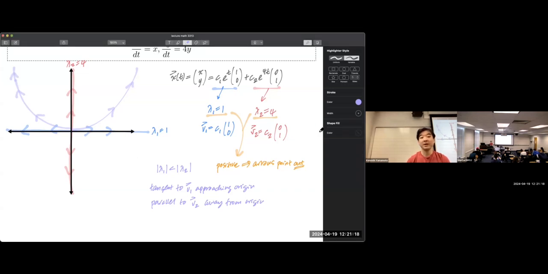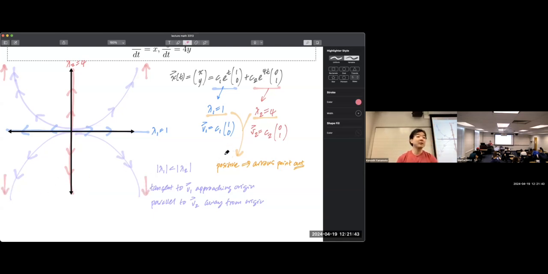Parallel means it's going to be almost vertical. It approaches vertical as you get further away from the origin, and then it bends into, or tangent to, the blue. In all of the quadrants, it'll do this. And it's parallel as you leave.